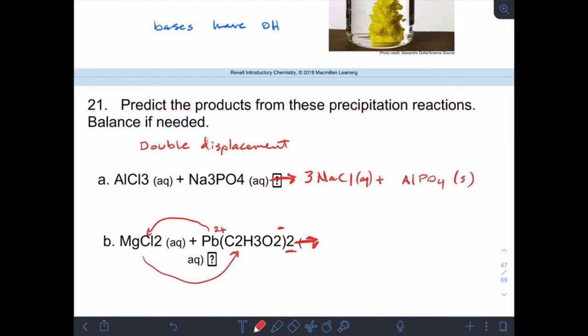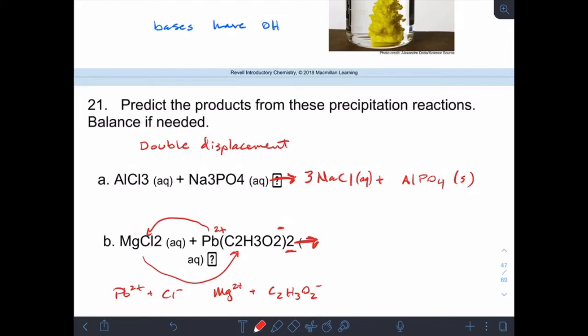Right? So I'm going to have a lead 2 plus, chlorine minus, and I need to put those together correctly, and then I'll have a magnesium 2 plus and an acetate, C2H3O2, 1 minus. Okay, so we want to put those two pairs of things together correctly.